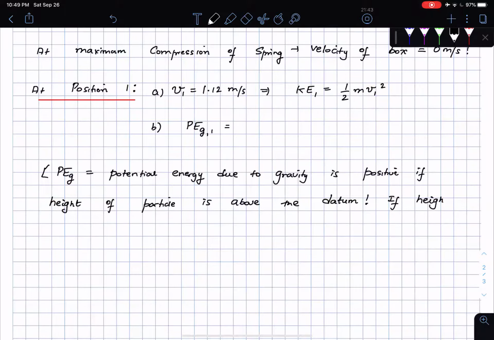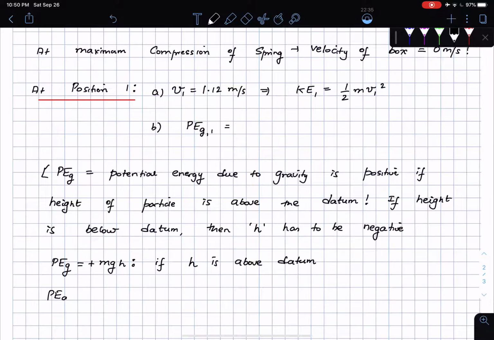So let me write it this way as a general statement: PEG is plus mgh if h is above the datum, and PEG is minus mgh if h is below the datum, and we choose the datum. Datum is our choice.